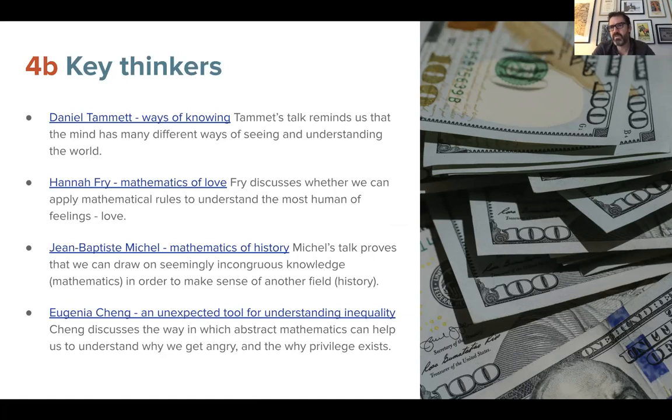Hannah Fry, whom I have already mentioned, is on the TV quite a lot and has quite an active role in social media. She's a very good speaker, a very good communicator of ideas, and in this talk she thinks about whether we can apply mathematical axioms and rules to the most human of all feelings, love.